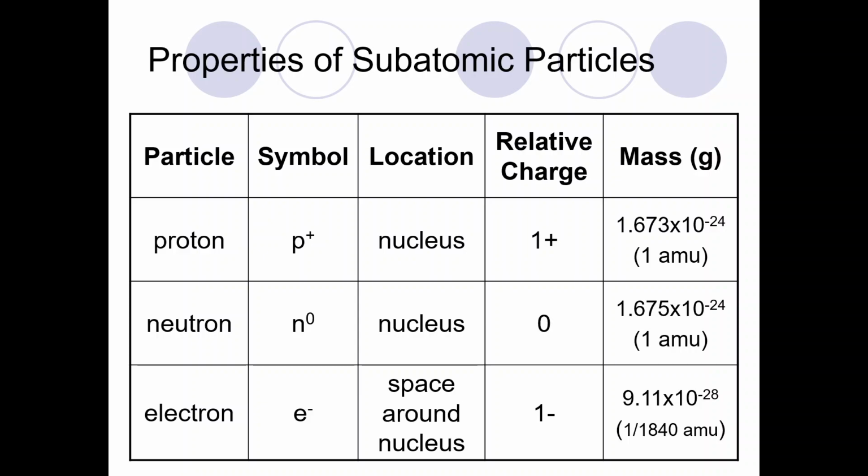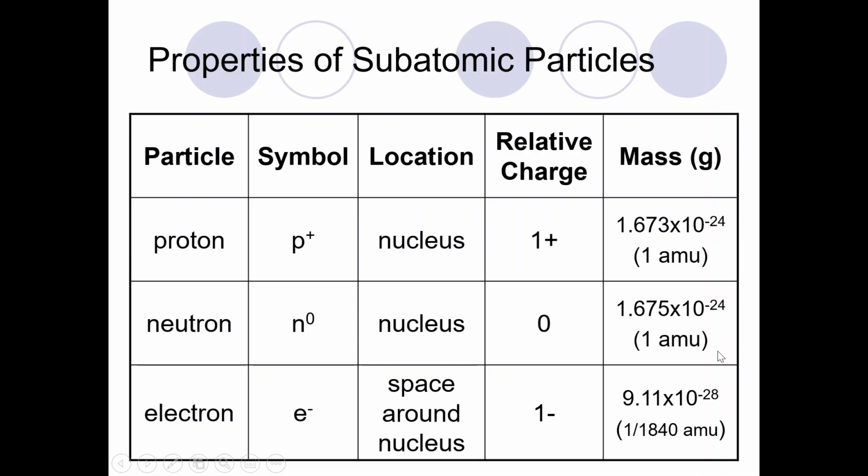Now, same thing kind of goes for mass. I've shown you the actual mass values here. You can see the mass of a proton and the mass of a neutron is like 10 to the negative 24th grams. These things are really, really tiny. But we don't necessarily need this teeny, teeny, tiny number. We care about their mass relative to each other. So we say that the mass of a proton is 1 AMU, which stands for atomic mass unit.